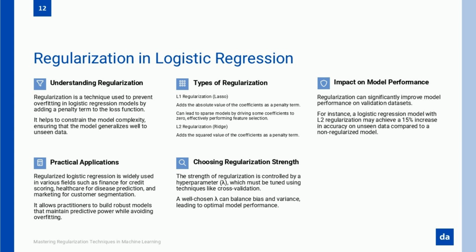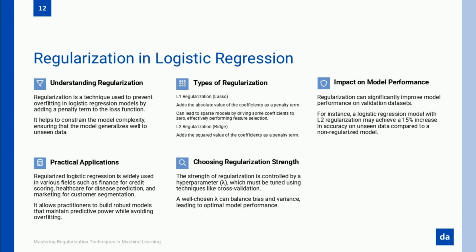But if you apply L1 regularization, Lasso, it will eliminate irrelevant factors, leaving you with a cleaner, more interpretable model that doctors can actually trust. Or, if some of the lab test results are highly correlated, L2 regularization, Ridge, will balance them out, so that no single test dominates the decision-making process.